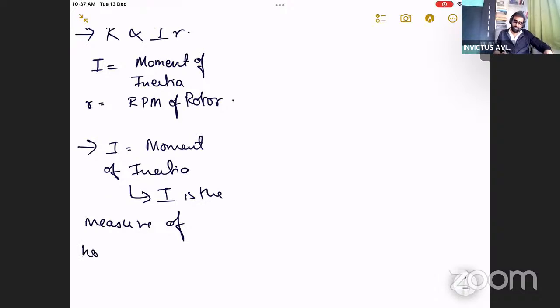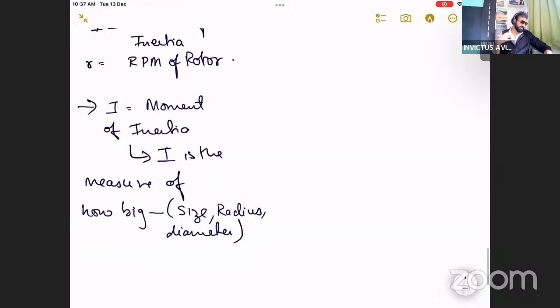Measure of how big: with big, you can talk about size, radius, diameter. And how heavy: that is mass.